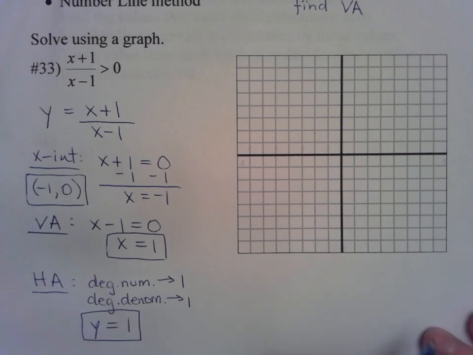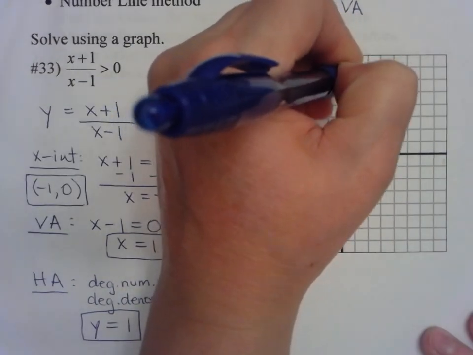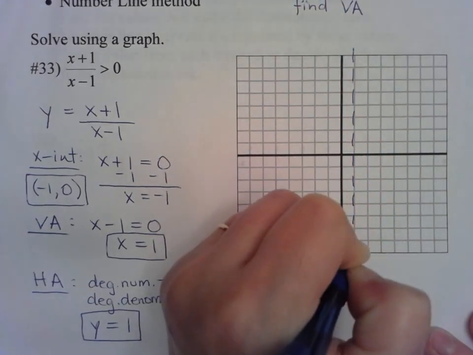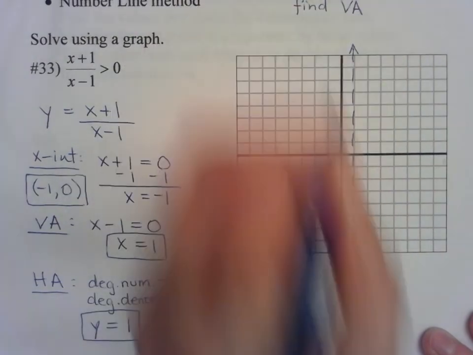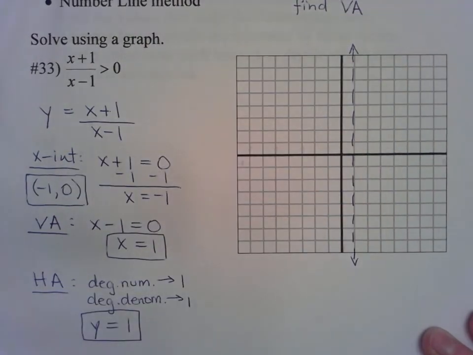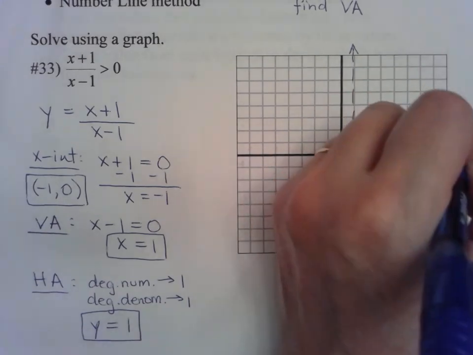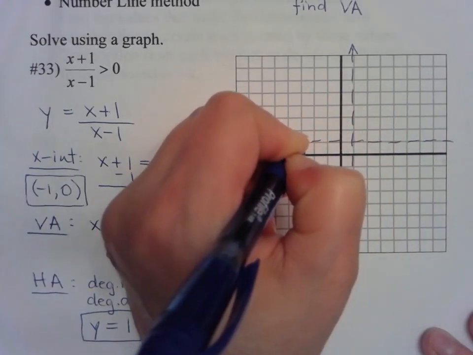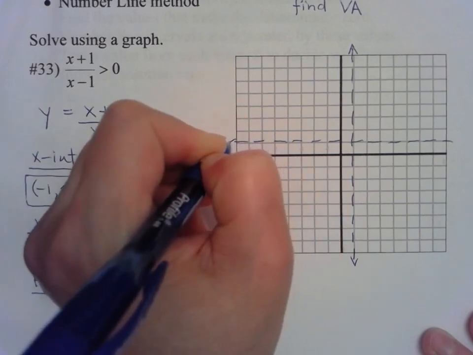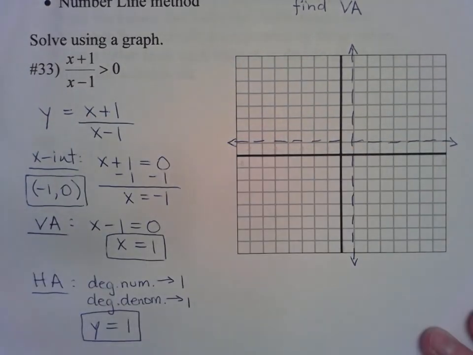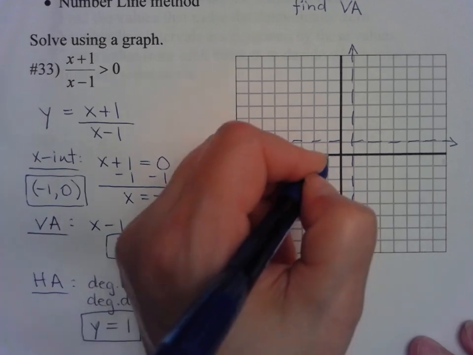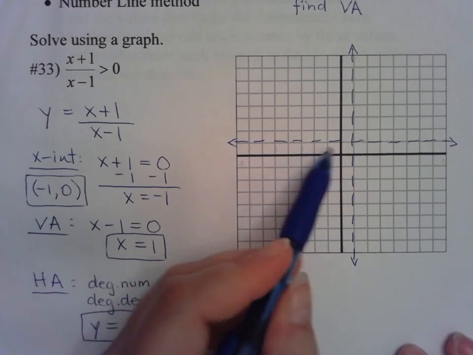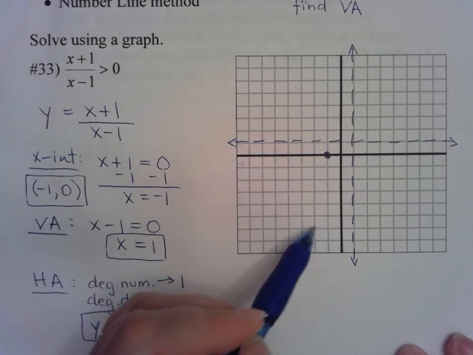So I have a vertical asymptote at 1. I have a horizontal asymptote at 1. And my x-intercept is at -1, 0. So I know part of the graph is going to be in this region.